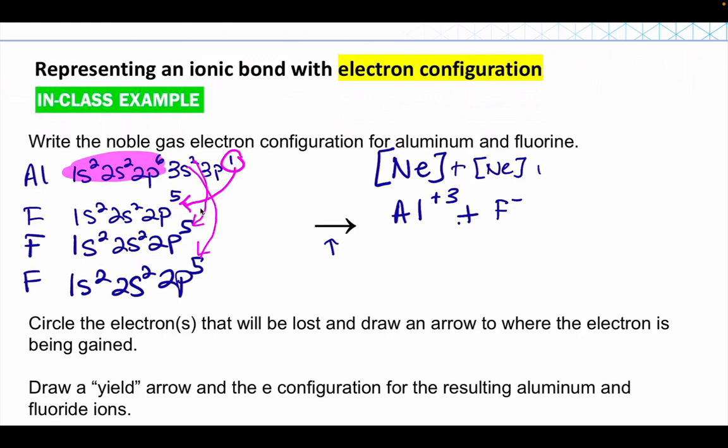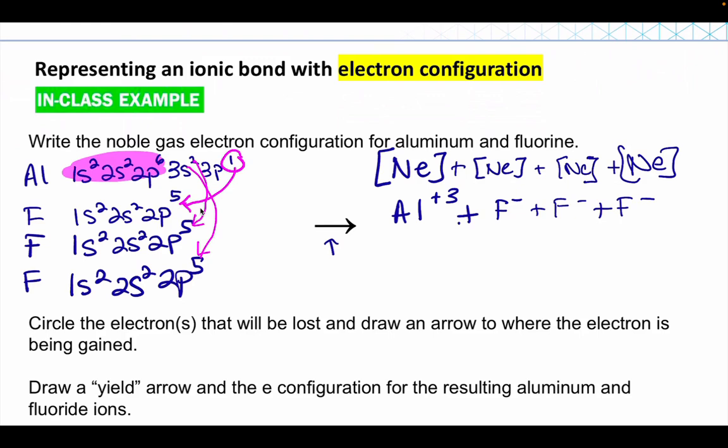We have 3 of those. The electrons are being lost by the metal, and the metal becomes like the noble gas that comes before it, which is neon. The nonmetals will gain until they have an octet.